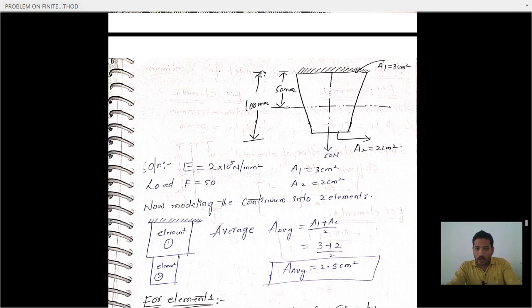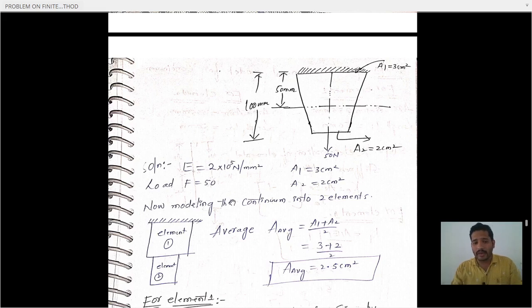The total length of this taper bar is given as 100 mm, and from the top of the larger end to the middle portion, the length is 50 mm. But our intention is that we want to convert this taper bar into a stepped bar.